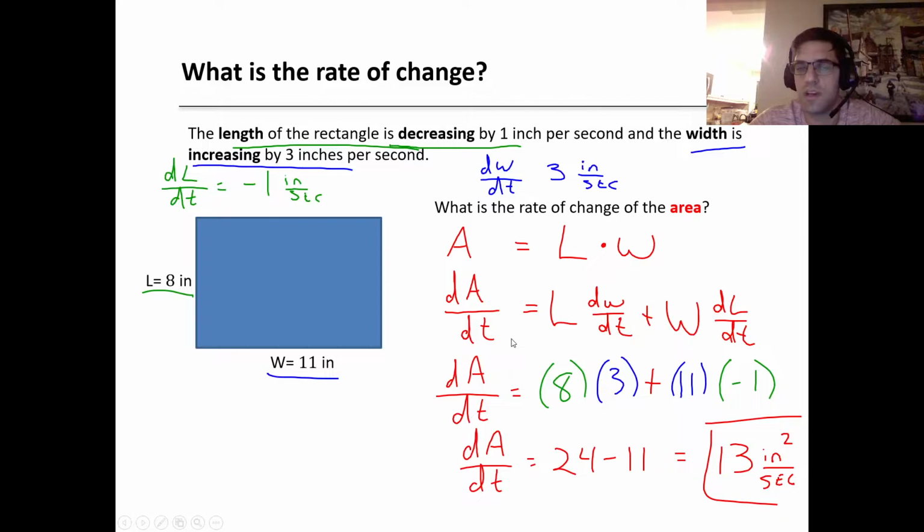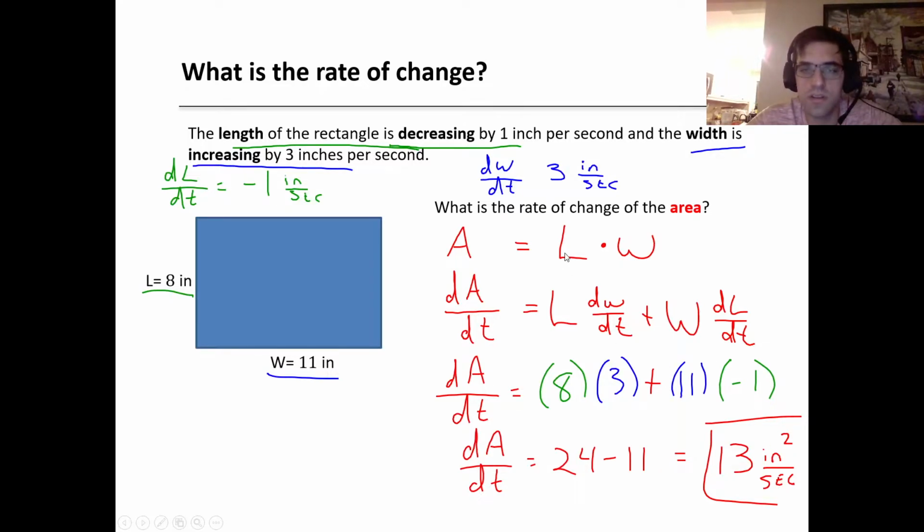And so this is an implicit differentiation. The L and W are both variables, and they're being multiplied, so it's like we're multiplying two functions, which means we have to use the product rule.